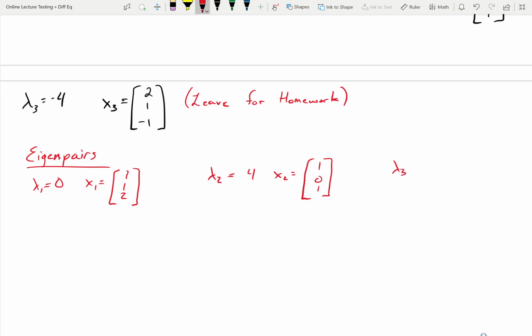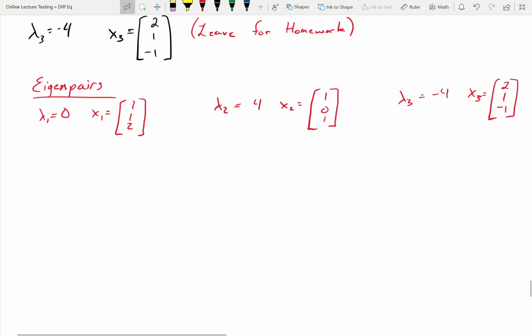And lambda 3, which is equal to negative 4, you guys will find out that x3 is equal to 2, 1, negative 1. All right, so that's our eigenpairs. Now we need to go to part B, which is: do these solutions form a fundamental set? So part B.